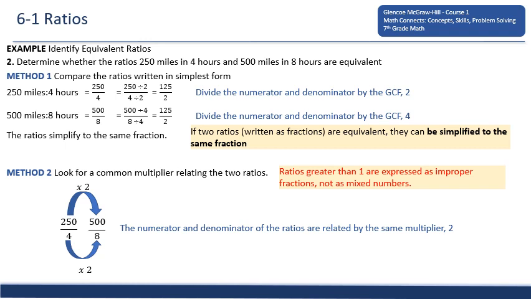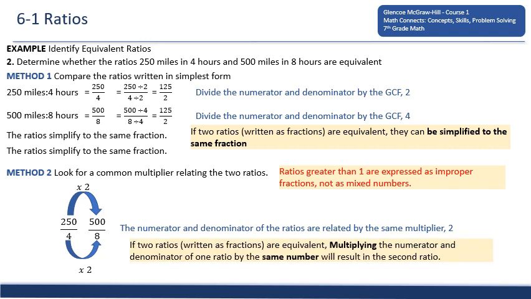So we can see that if we multiplied 250/4 by 2, we would have gotten 500/8, which means they are equivalent fractions. If 2 ratios written as fractions are equivalent, multiplying the numerator and the denominator of one ratio by the same number will result in the second ratio. We've done equivalent fractions, so this should not be a new concept.